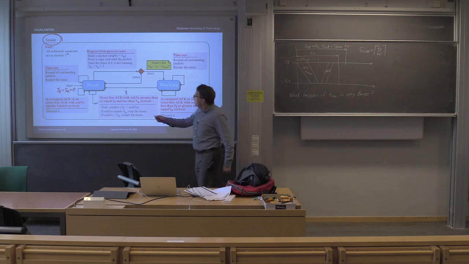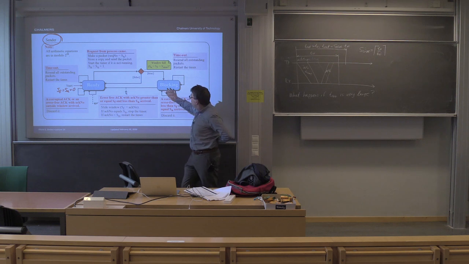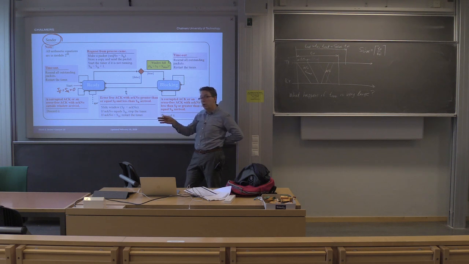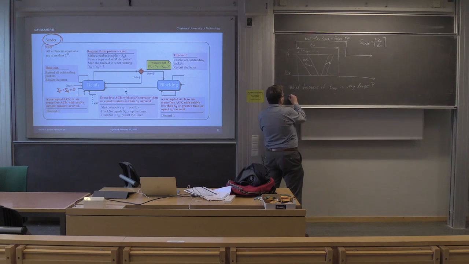Well, we keep on transmitting packets, and at some point, if we lose a frame, we will be in the blocking state, waiting for the timer to expire. And if we're in the blocking state waiting for the timer to expire, nothing happens. No new packets are transmitted and no new packets are acknowledged, which means that we increase the time it takes to deliver a frame, and then the effective rate will decrease.